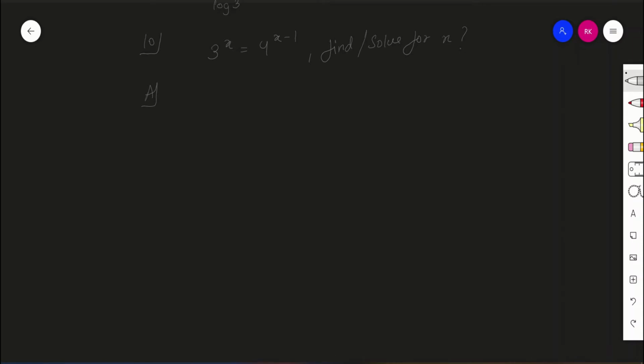So as in both sides x is in the exponent, so we want that x down here, so we have to take the log on both the sides.